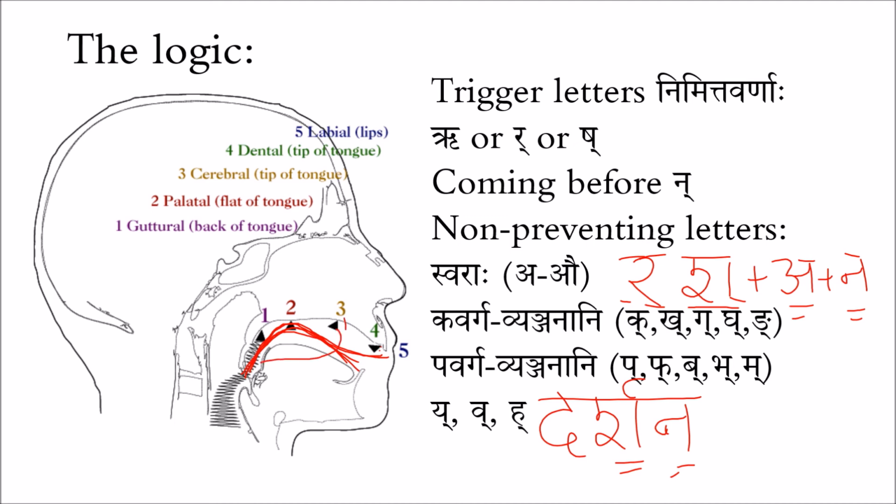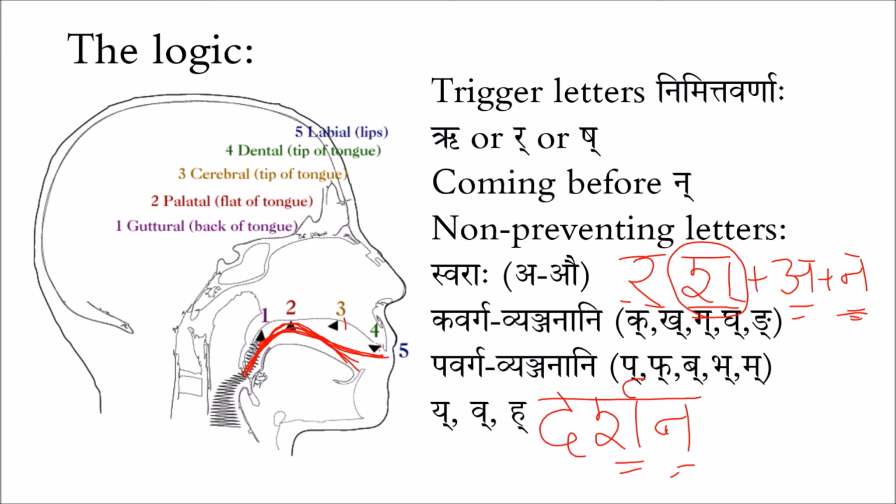So just keeping na here is much easier in the case of darshana. When we say there is a preventing letter, pronouncing na is easier. So let's take another example.